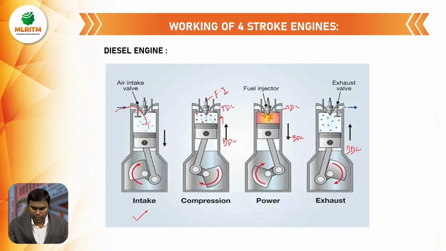Here the pressure is greater than atmospheric pressure, so whenever the exhaust valve opens, the gases automatically move outward to the atmosphere. So this is called the working of a 4-stroke diesel engine.